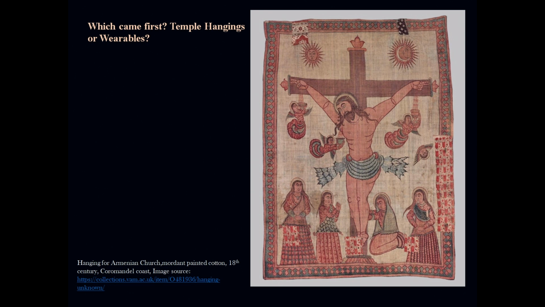In this case, we see a prominent border that also frames the composition at the center. At center stage, we see this very prominent figure of Jesus Christ who is crucified, and there are also other associated biblical figures around him.